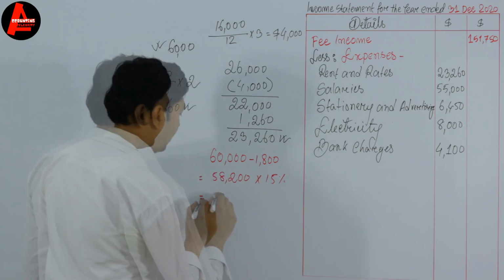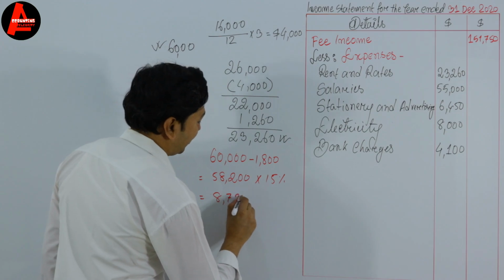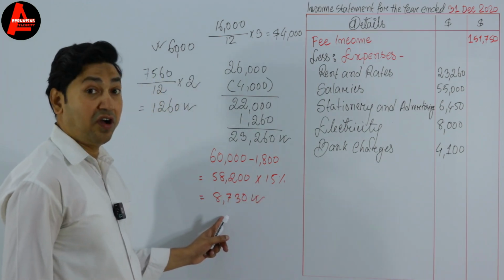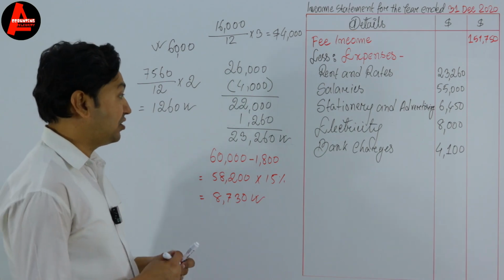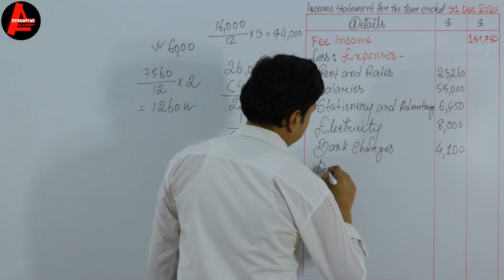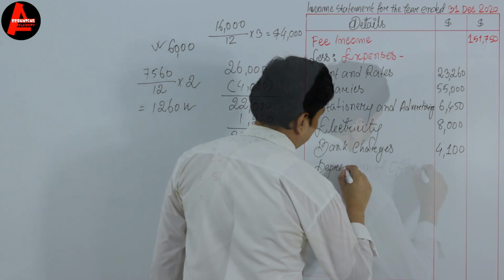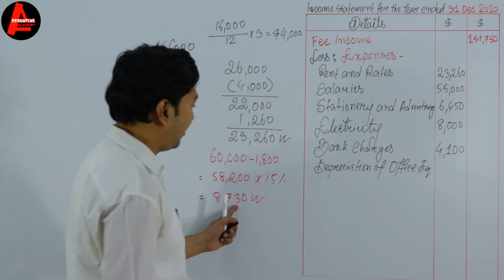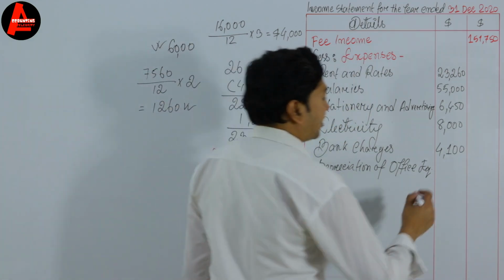So what do we get? $8,730. Okay, this is the depreciation of office equipment. So let us write here depreciation equipment. Okay, so we calculated here $8,730.